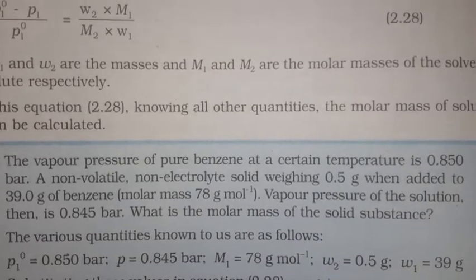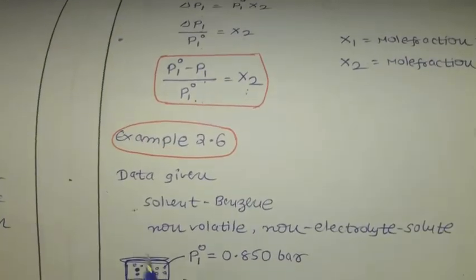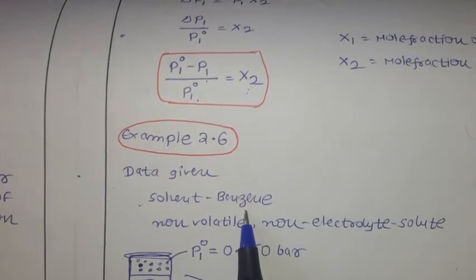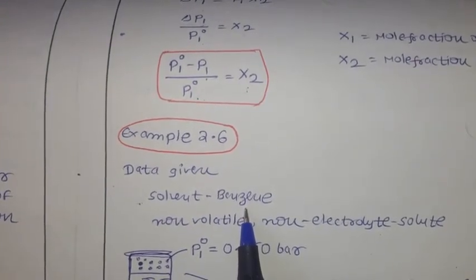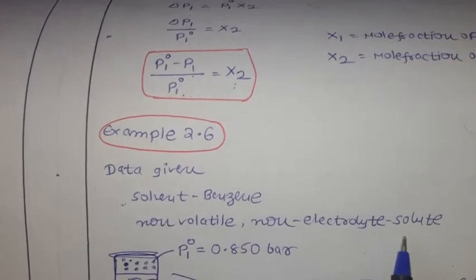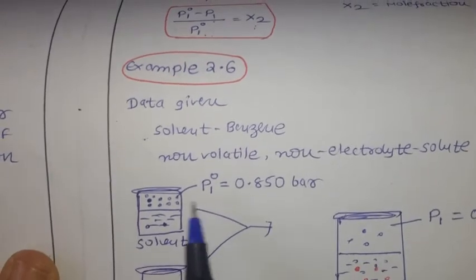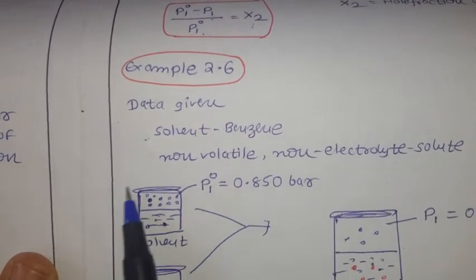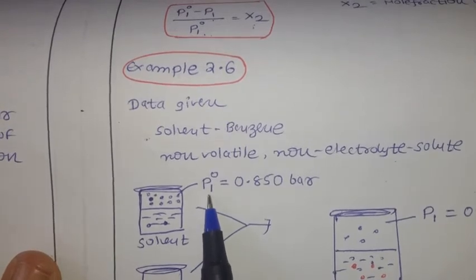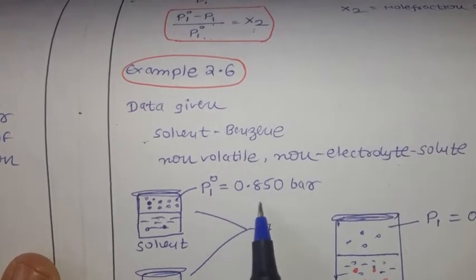Now let us go for the solution. Here the data given: we have benzene as the solvent, because they are telling us we have pure benzene. Then we have the non-volatile, non-electrolyte, nothing but the solute. Already we have the vapor pressure of pure benzene, P1 naught equal to 0.85 bar.